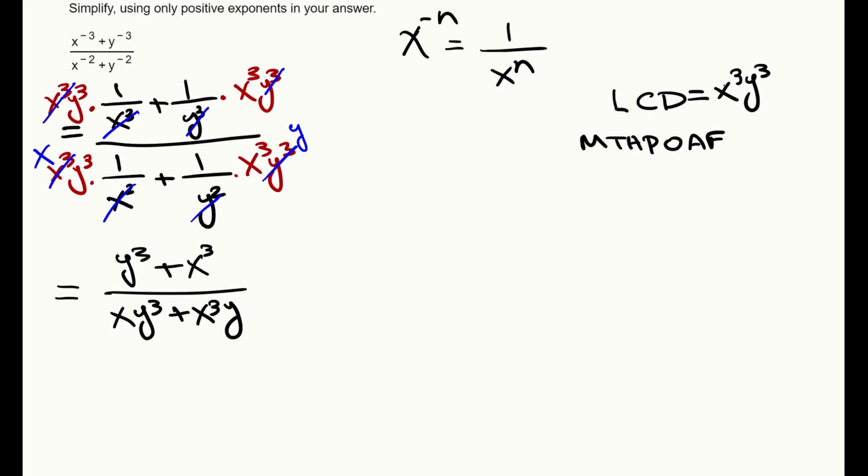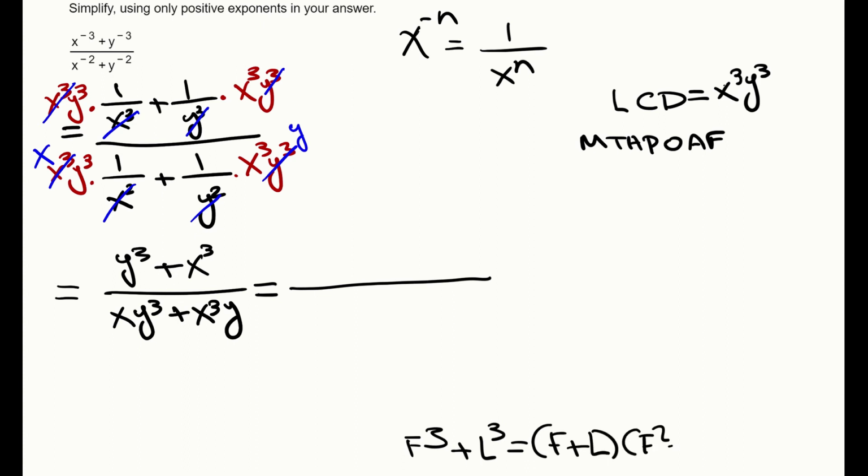With problems like this, it's really important not to stop too early and to make sure that no more simplification is possible. To that end, we'll try to factor both the numerator and the denominator as much as possible to see if any cross-canceling is possible. On the top, we have a sum of cubes, which we can factor according to this formula: f cubed plus l cubed equals f plus l times f squared minus fl plus l squared.